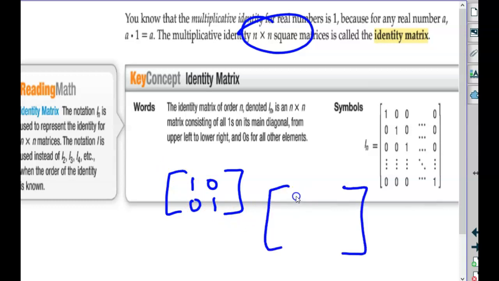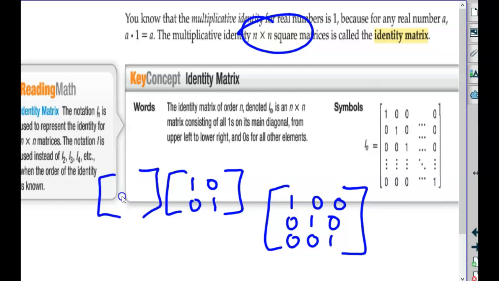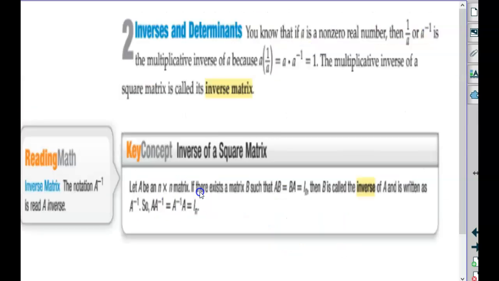The 3x3 identity matrix would look like that. Does that seem okay to everybody? That is called the identity matrix, because if I multiply any 2x2 matrix by this, it won't change it. It'll stay what it was, okay? It's the identity matrix.